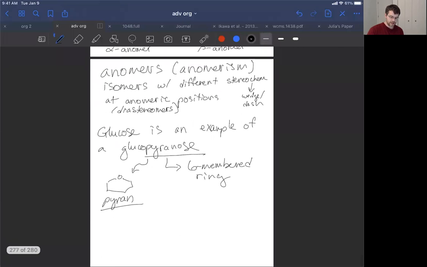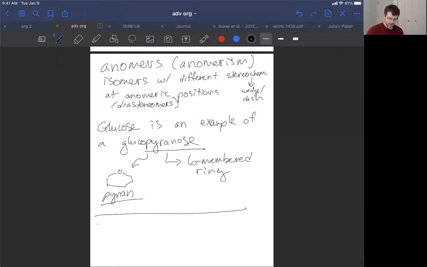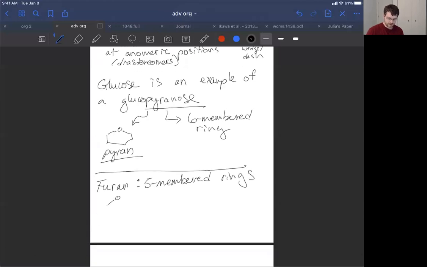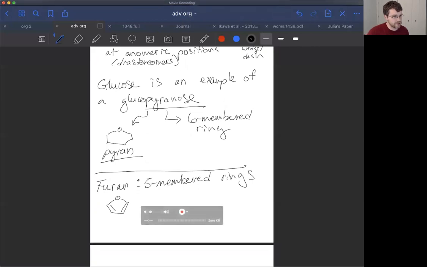And that's in contrast to a furan. And these are five-membered rings. Furan is derived from right here. I think pyran's a little bit more aromatic.